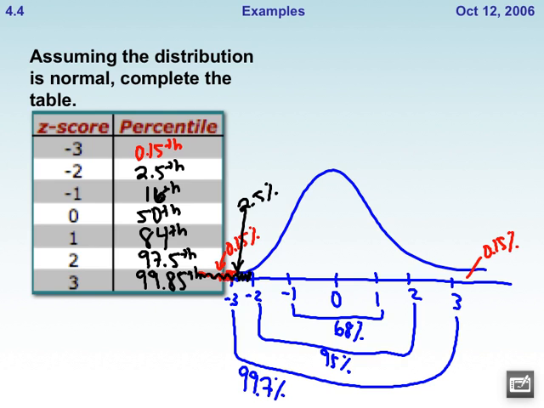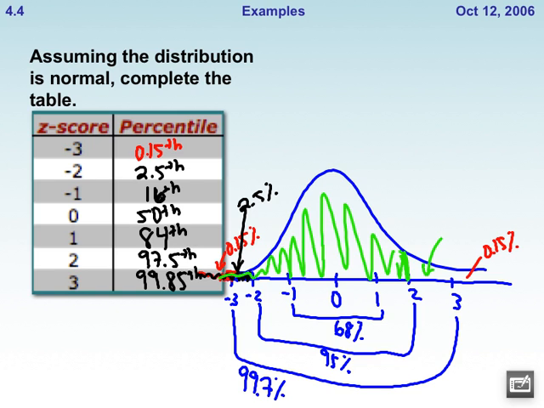Yeah, let's do 2. Okay, so z-score of 2 is 2, and then everything below it. Anytime that you get above 0, what I like to do is find the stuff that I'm not interested in instead. Because what some people do is they find between 1 and 2, and 0 and 1, and negative 1 and 0, and they add it all up, and that's too much work for me. So instead I say between negative 2 and 2 is 95%, which means outside of those two is 5%.